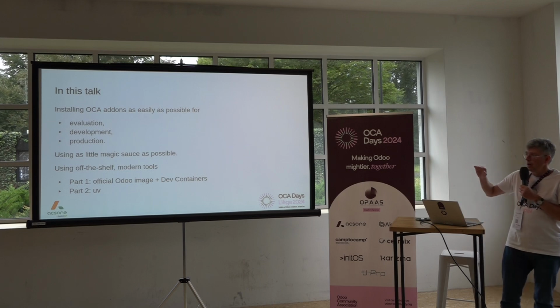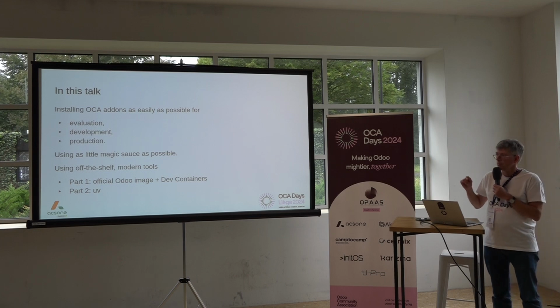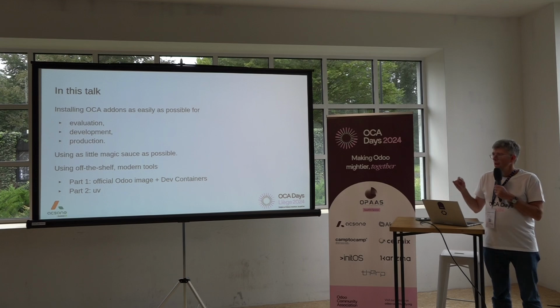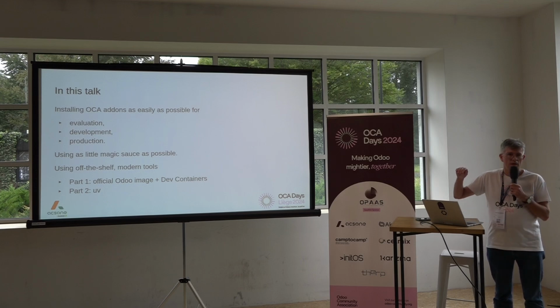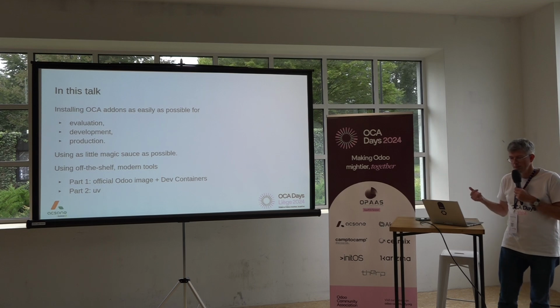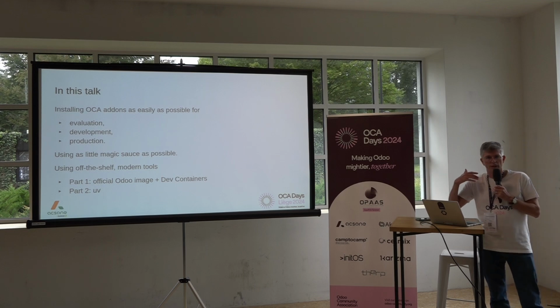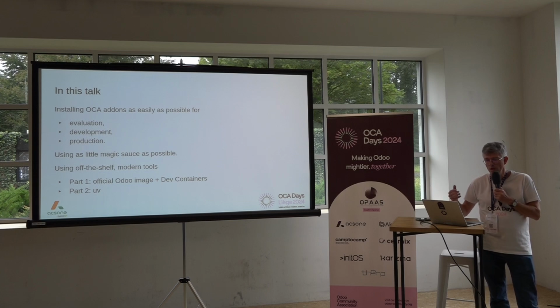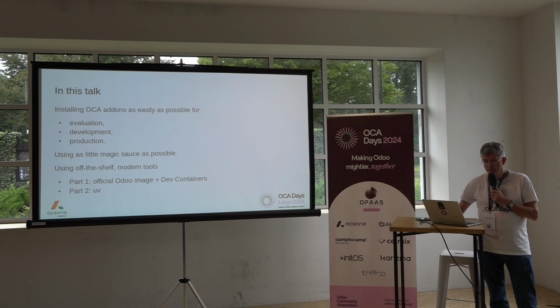So I will have 2 parts, and recently I've done some research on newer tools. The first one is a standard called devcontainers, and I will explain what it is. I will show how you can install OCA add-ons on the standard Odoo Docker image and actually develop in it using devcontainers, and show how easy it actually is.